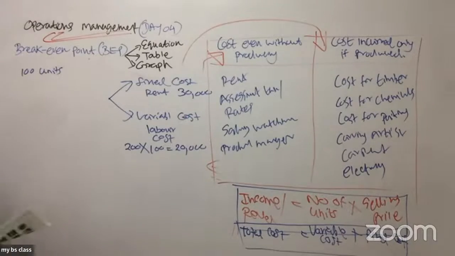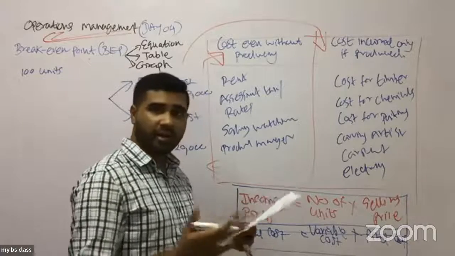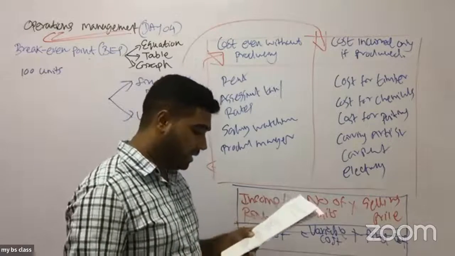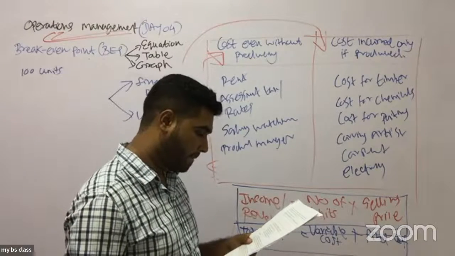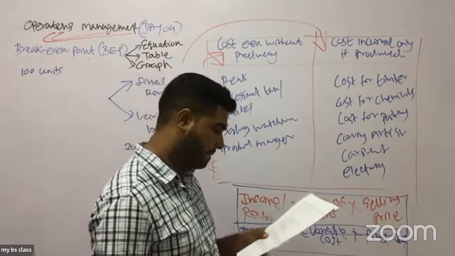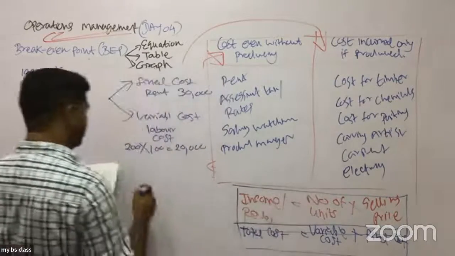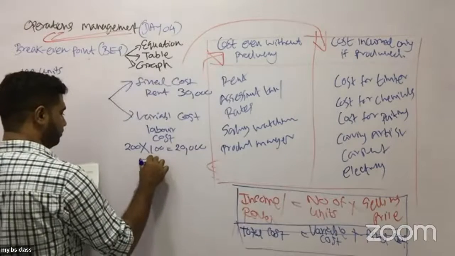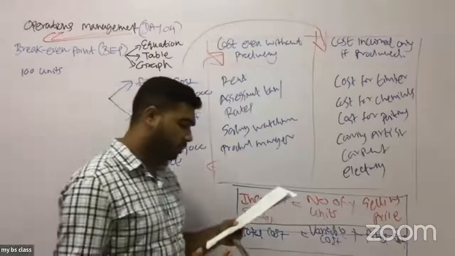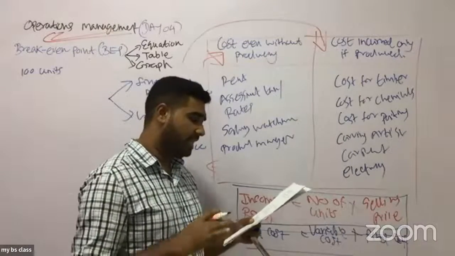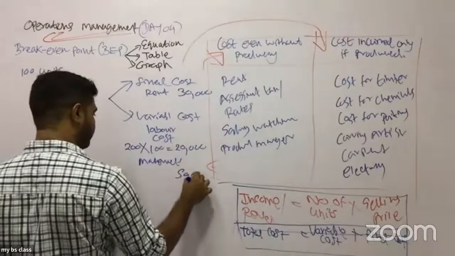The cost of purchasing materials to produce apparels is 50,000. So materials are straight away 50,000.